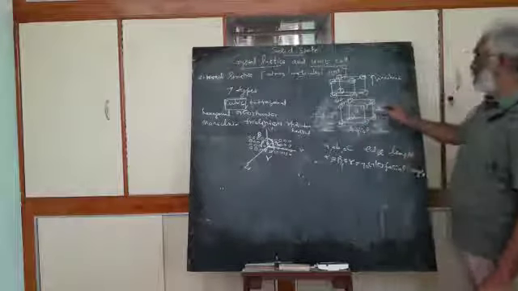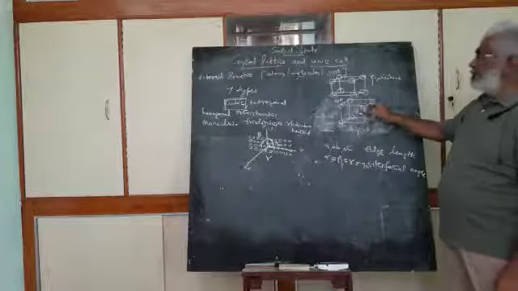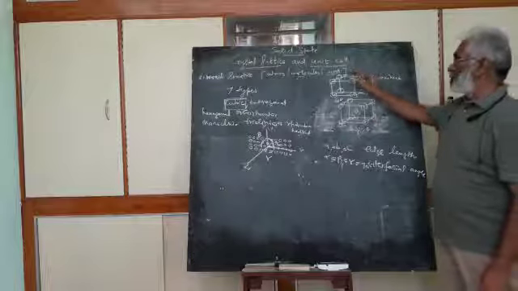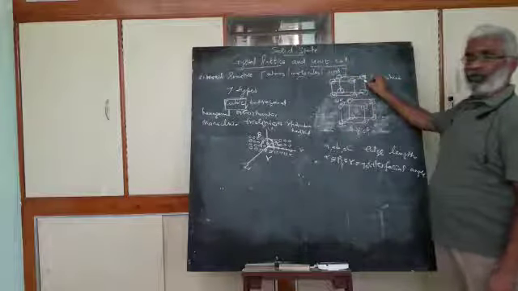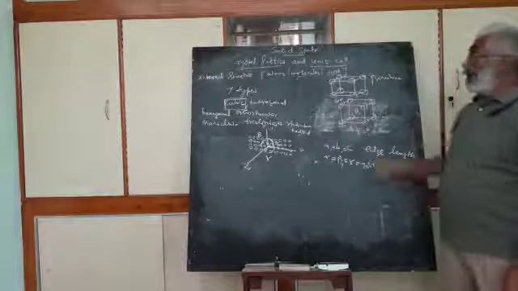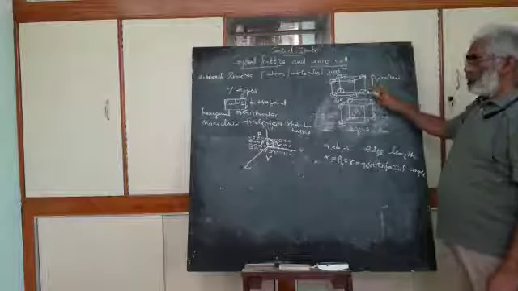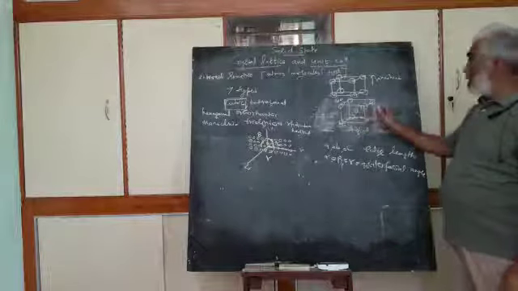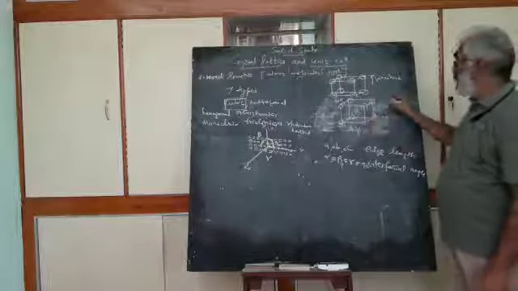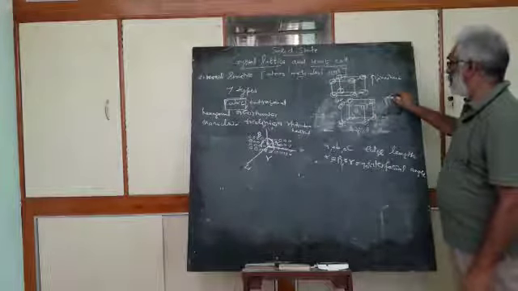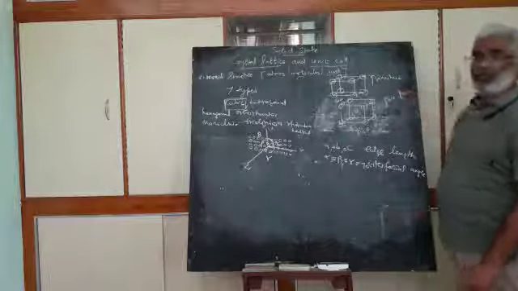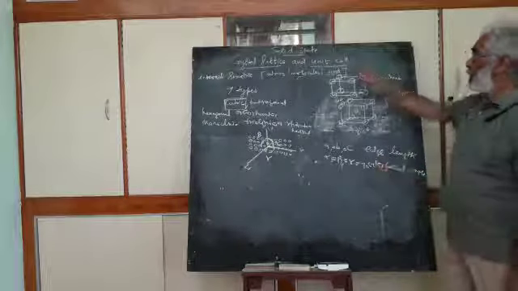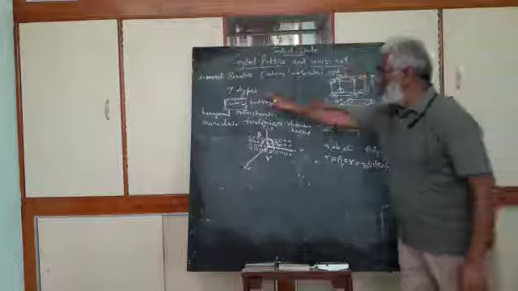So here there is an additional lattice point. This is the original, in which atoms are present only at the corners. This is called the primitive. Along with the corners, if atoms are present at the middle or at the faces, they are called the non-primitive unit cell. So unit cells, 7 types.